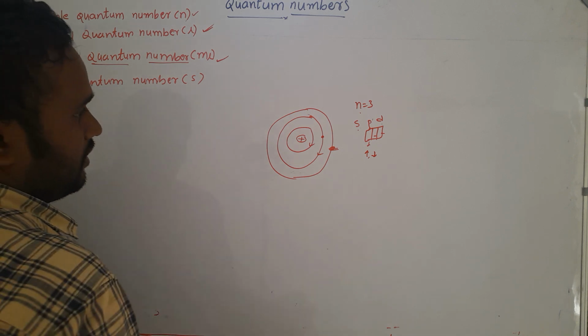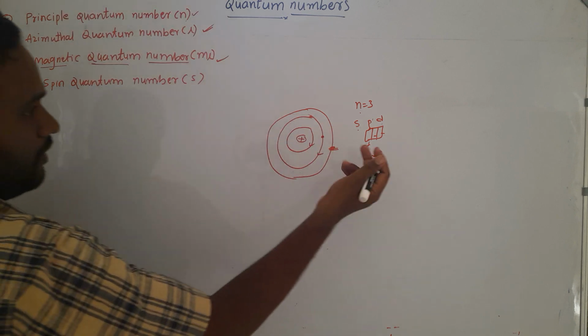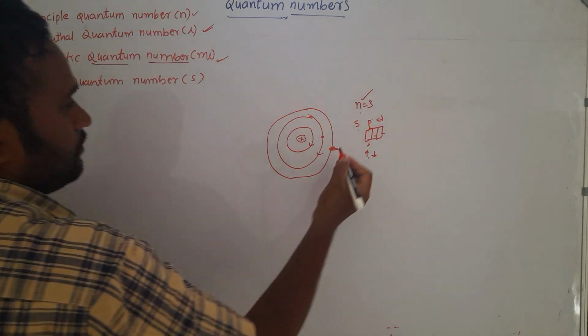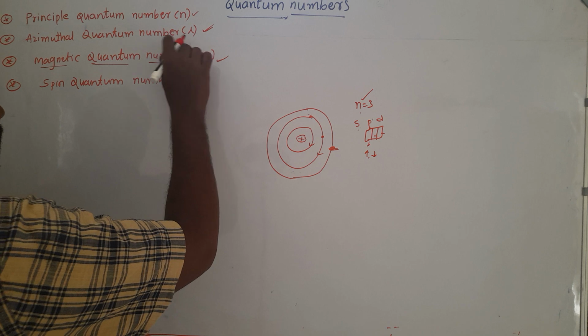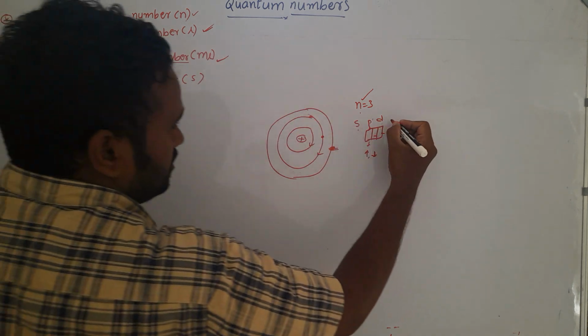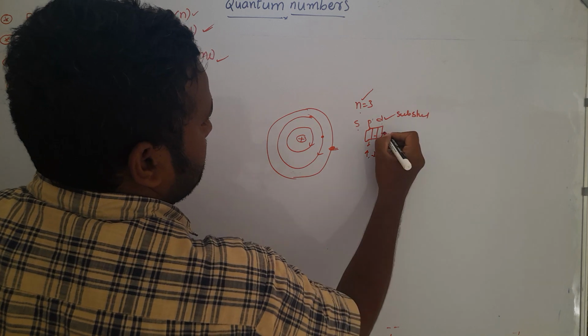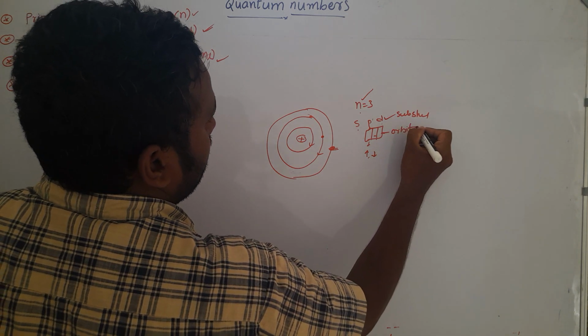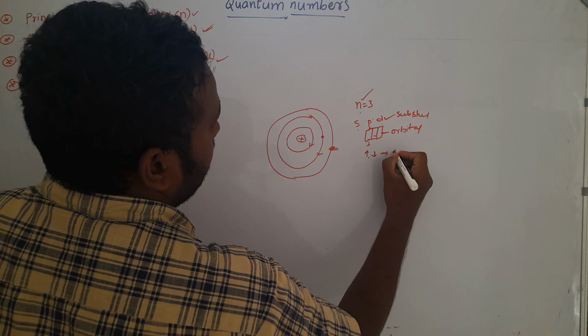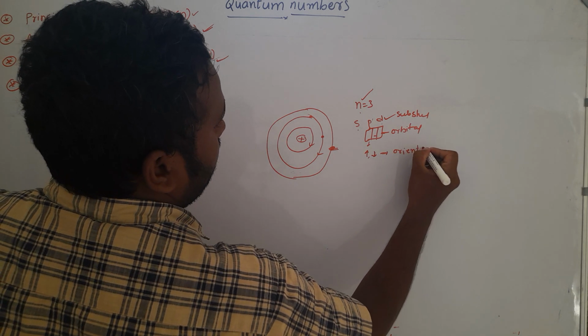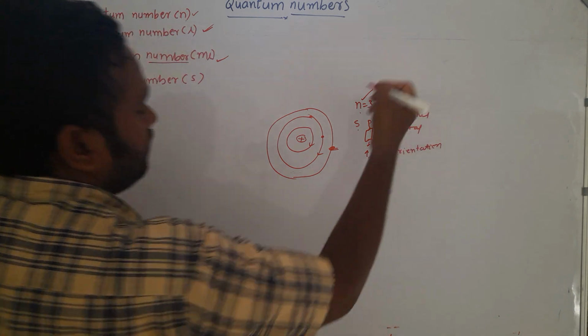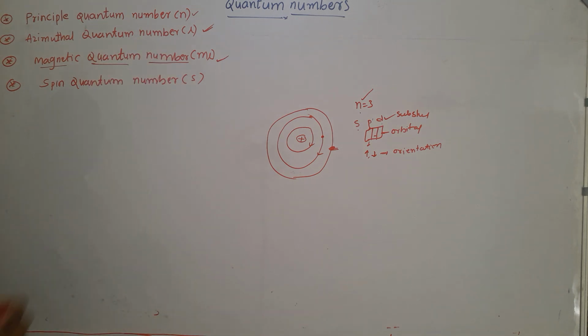First of all, the principal quantum number gives information about the shell. The azimuthal quantum number gives information about the subshell. After entering the subshell, the orbital, and after the orbital, the orientation of the electron. So this is briefly about the quantum numbers, and let us discuss them one by one.